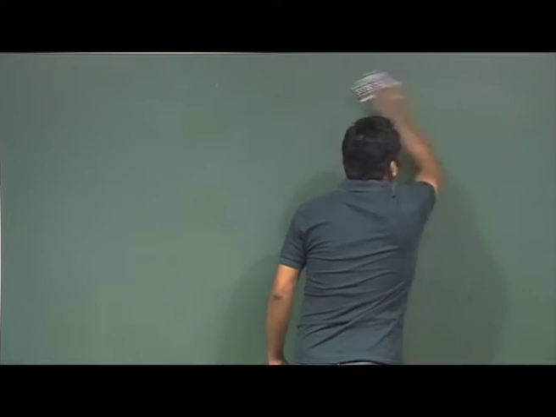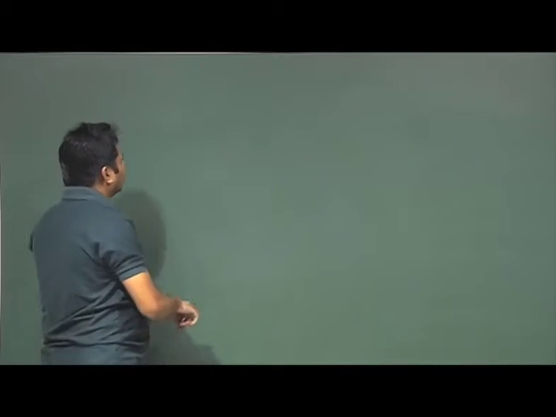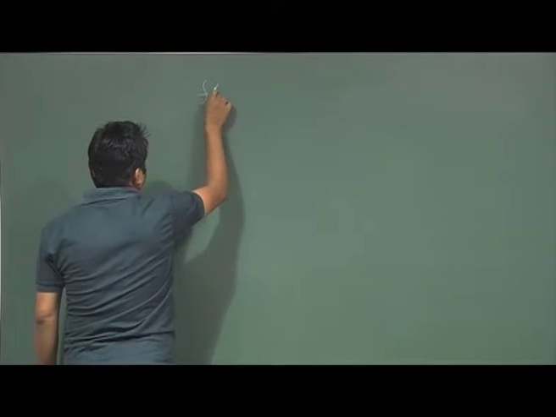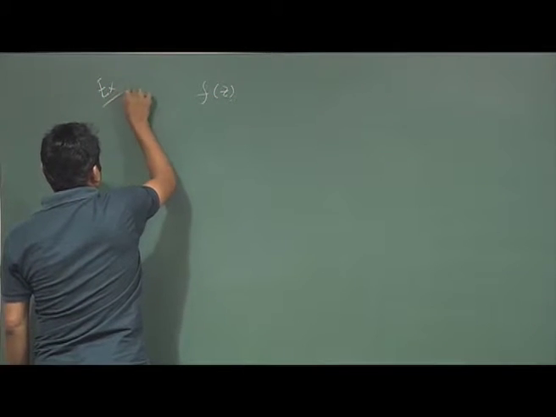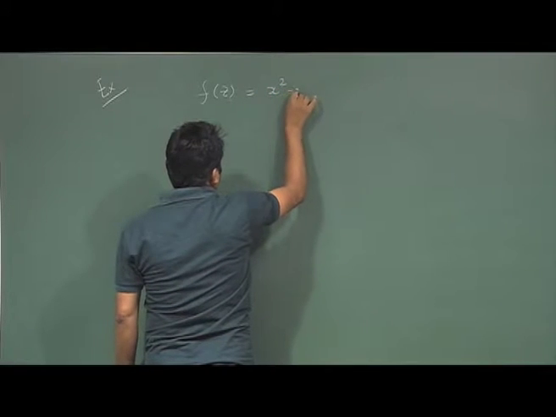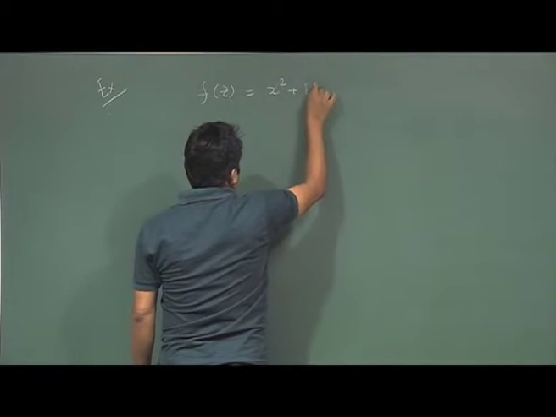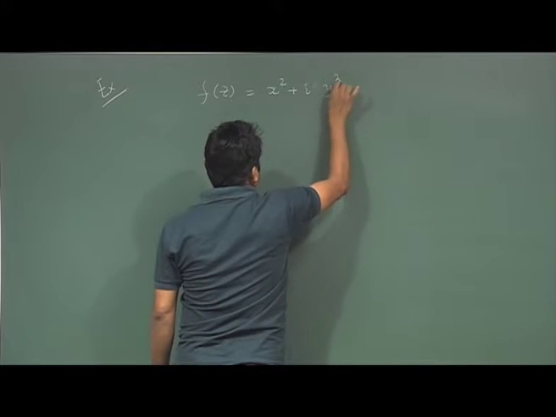Let me now give you a few more examples so that you can understand exactly the meaning of these things. Examples. Say f(z) is x square plus i 3y cube or just 3y cube.